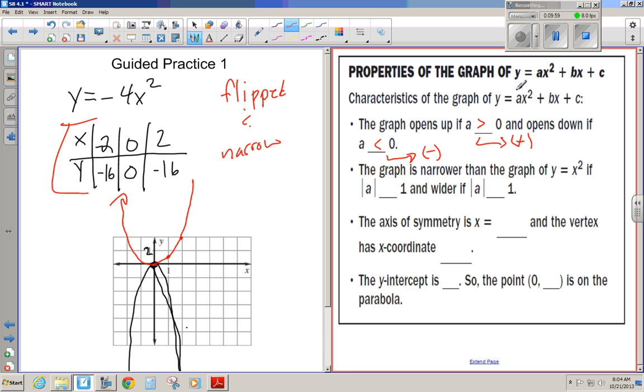If the x squared part is negative, it opens down. The graph is narrower than the parent function if the absolute value of a is greater than 1, and wider if it's less than 1. That basically means, for this one, if it's a decimal or fraction.